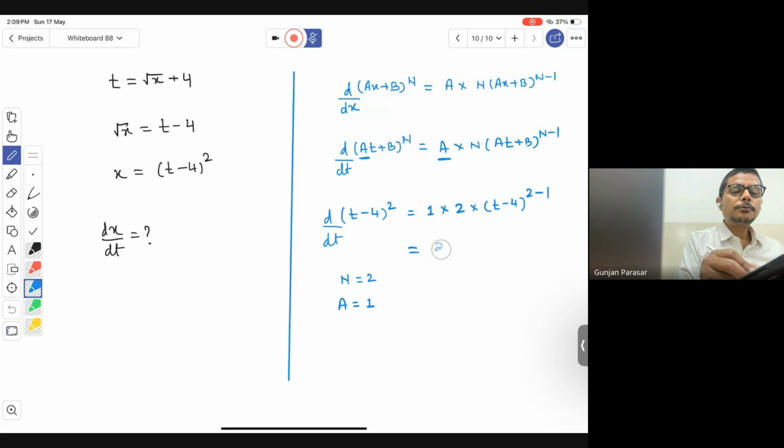That is going to be 2 into t minus 4. So dx by dt came out to be twice of t minus 4.